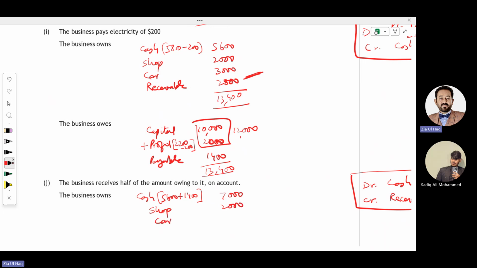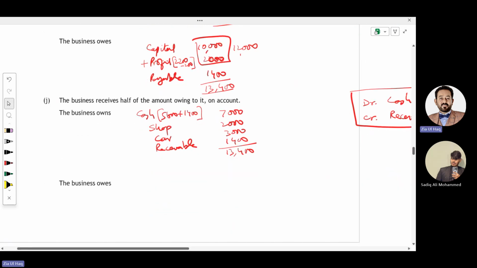Car will remain same at 3,000, and receivable will now be 1,400 because half we received. They will remain 13,400 same, because 1,400 gone from here and added to there. And what business owes will remain same: capital of 12,000 and payables of 1,400. So they will be 13,400.